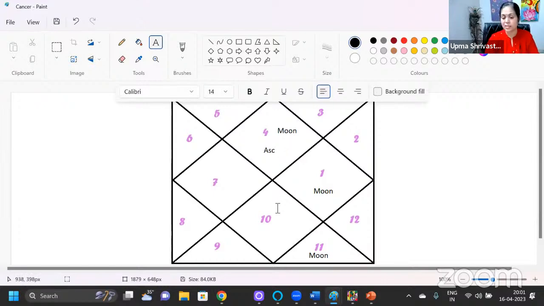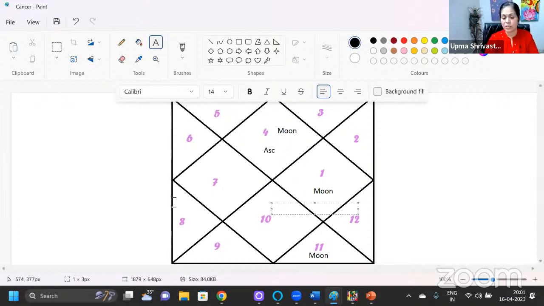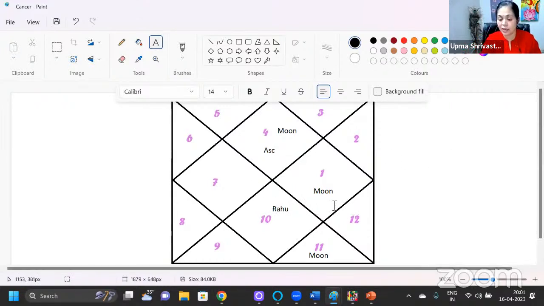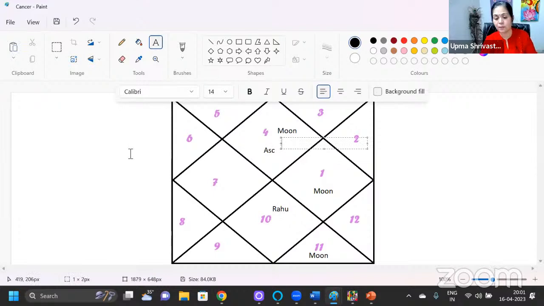So let's say if Rahu is placed here, then we will say Rahu is aspecting the moon. Now when Rahu is aspecting the moon, the moon has become a malefic. But let's say Rahu is not placed here and Jupiter is placed here.